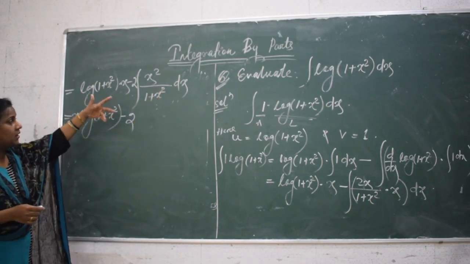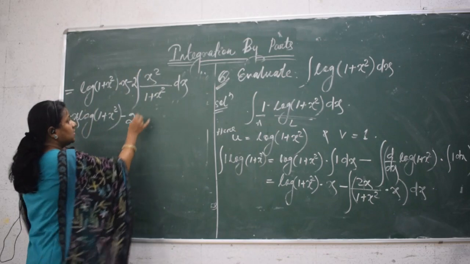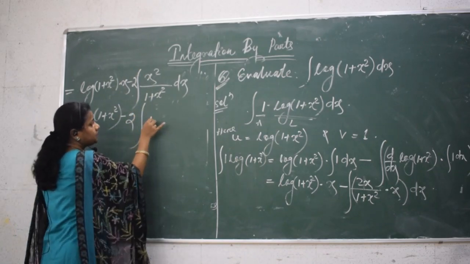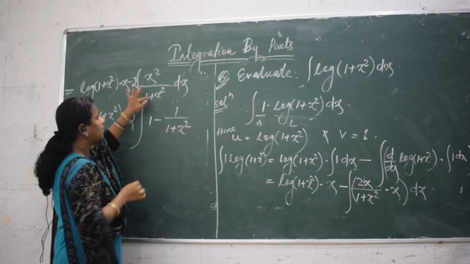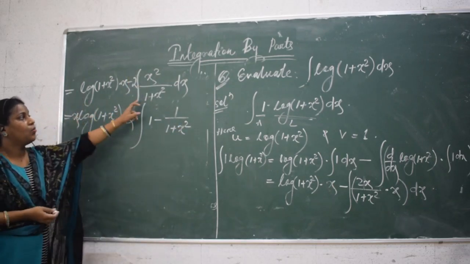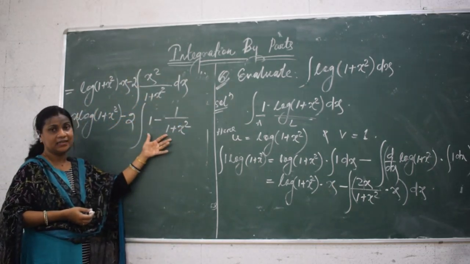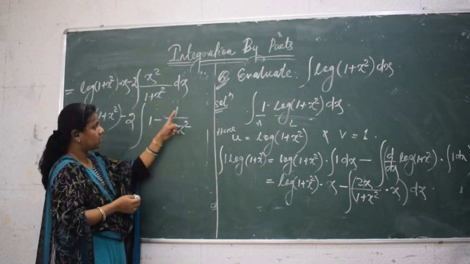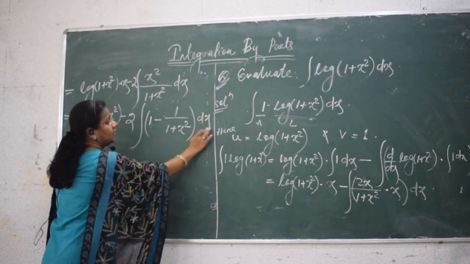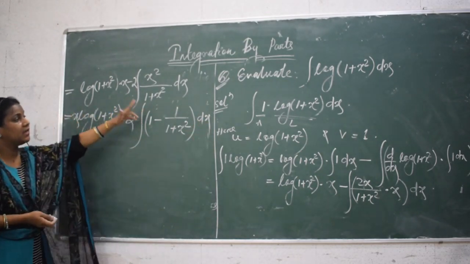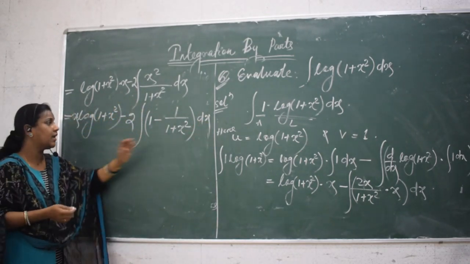So if the same degree is there, you have to divide. So I can write x square by 1 plus x square as 1 minus 1 by 1 plus x square. Okay. So if the degree is the same, you have to divide, then you can integrate.